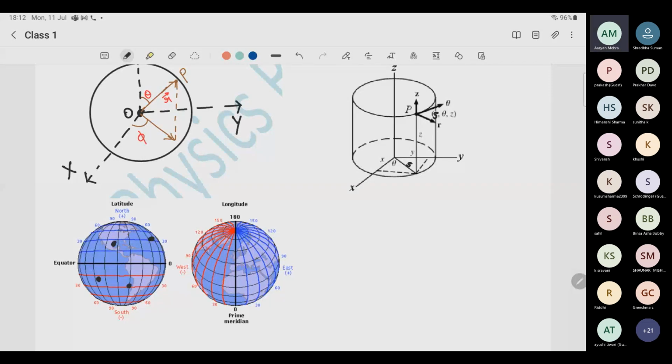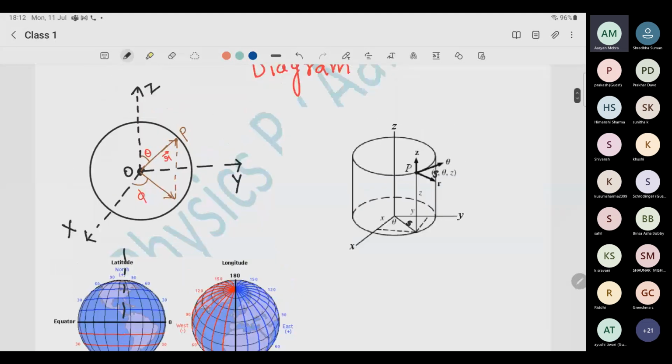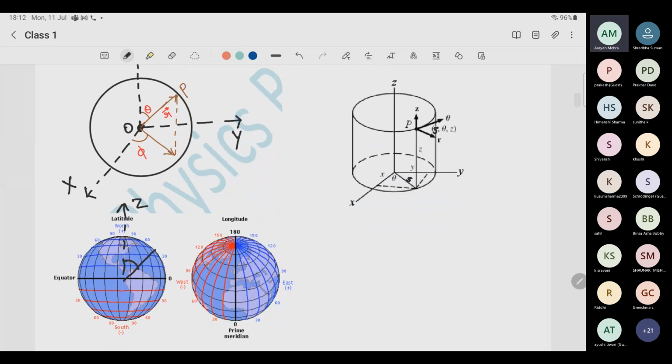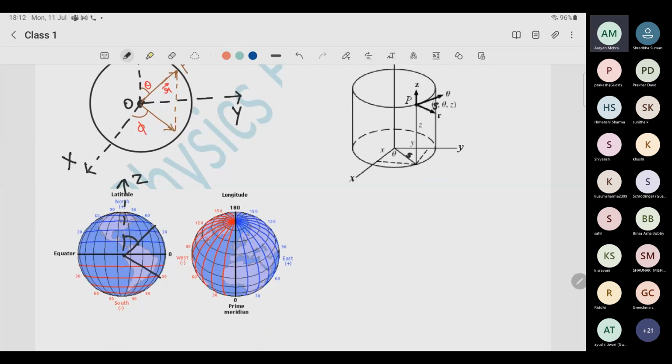Is our point here, here, here? What is the angle our point is making with the z-axis? This is our z-axis, and this is our r vector. This is our angle theta. Now our point can be here, here, here. Depending on that, our theta will be this or this. So whatever can be our theta.